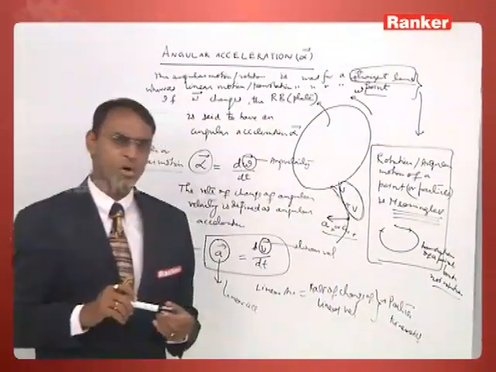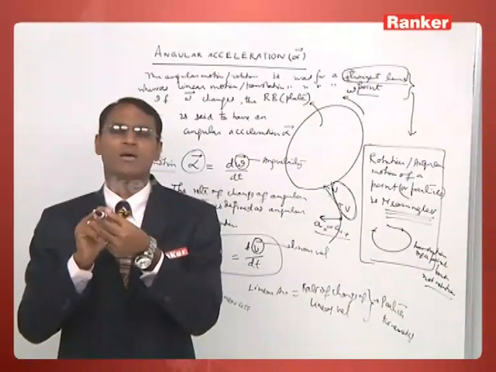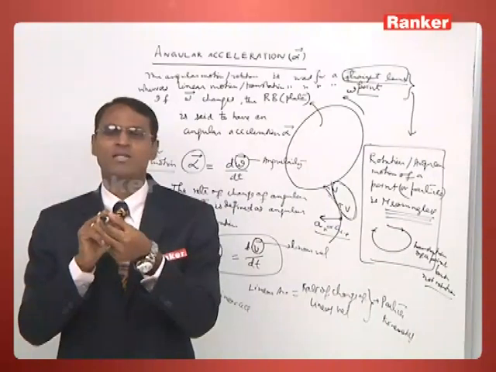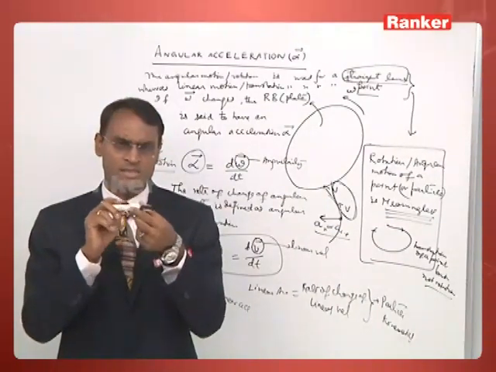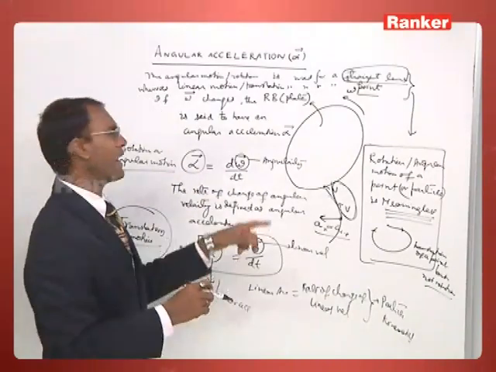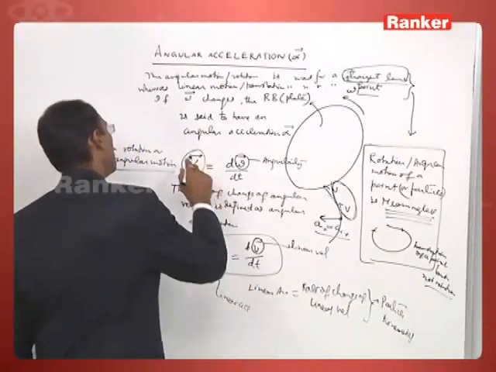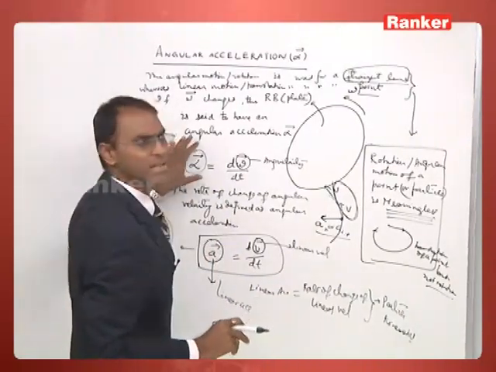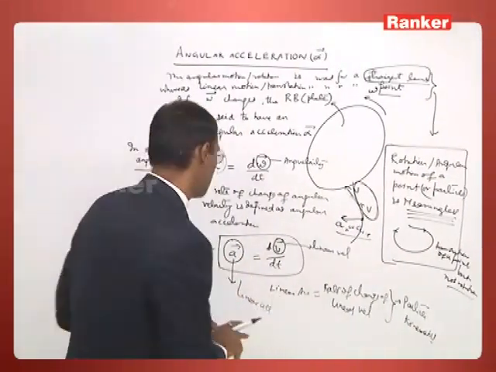While doing so, the axis or the direction of rotation, the direction of the angular velocity, changes. Or when both magnitude and direction of the angular velocity change, the body is said to be having the angular acceleration. One by one, let us discuss.